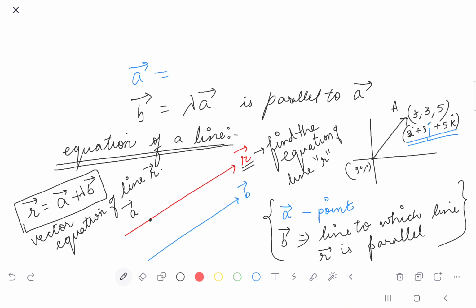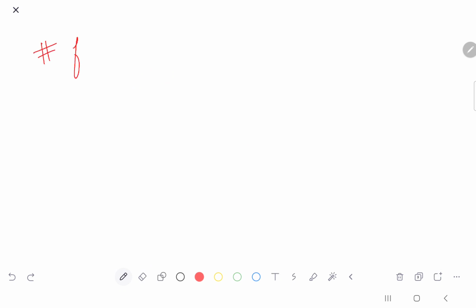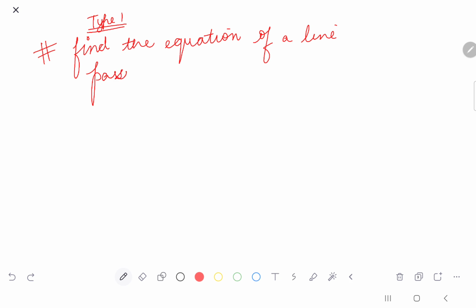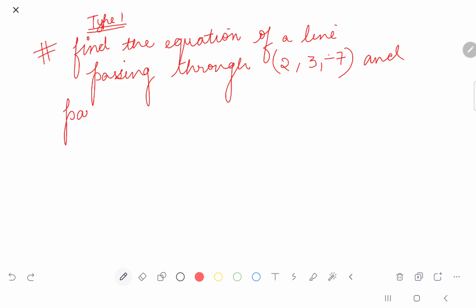So when something like this happens, what exactly are we going to do now? Just see. If I give you this, there are several types in this. Just remember the types. Type number one will be very simple. The question says: find the equation of a line passing through (2, 3, -7) and parallel to 5i cap minus 7j cap minus 6k cap.